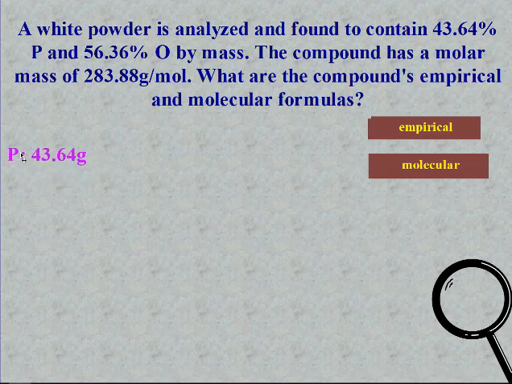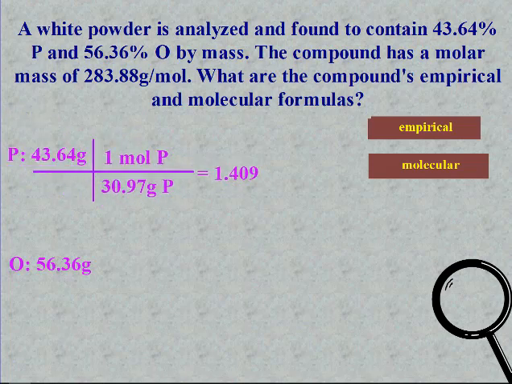So for the empirical, you had 43.64 grams of P and 56.36 grams of oxygen. You needed to convert both of those to moles. Remember that this isn't a compound, and so our oxygen is not diatomic.